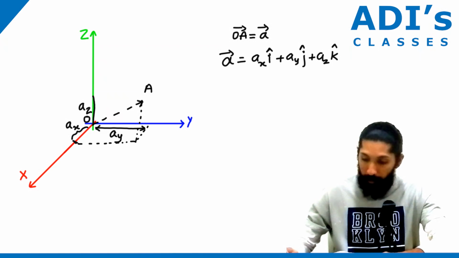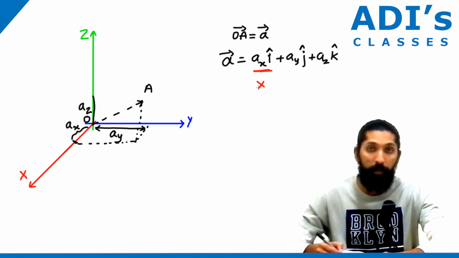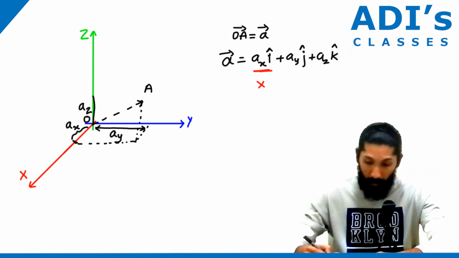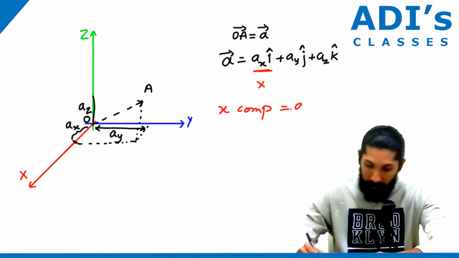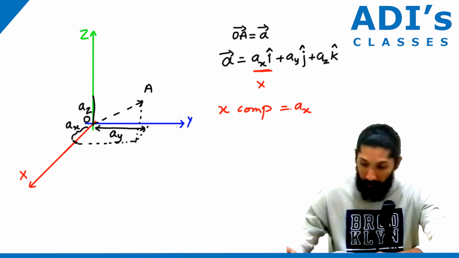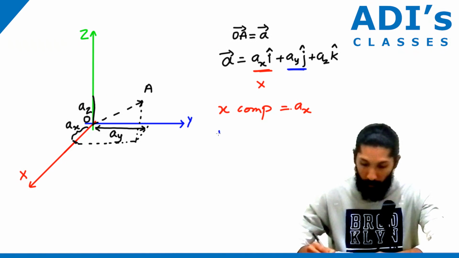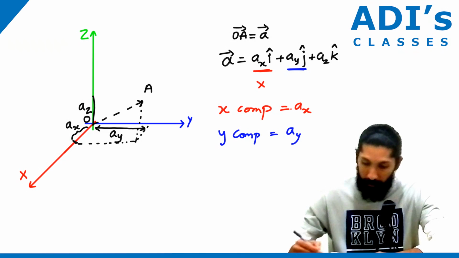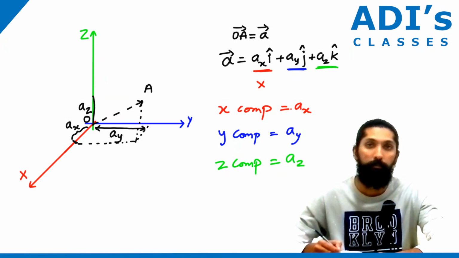This way we know that the x-axis component is ax. The next one is the y component, which is ay. And finally the z component is az, which is here. This is az.